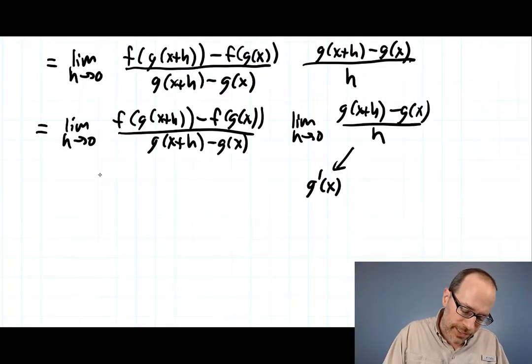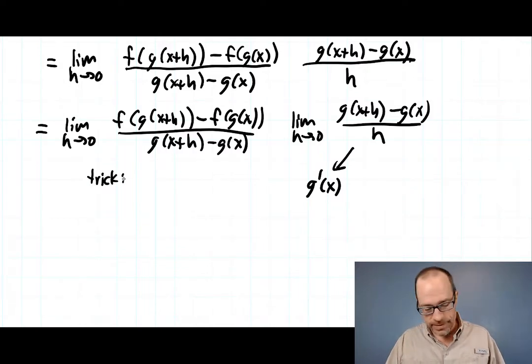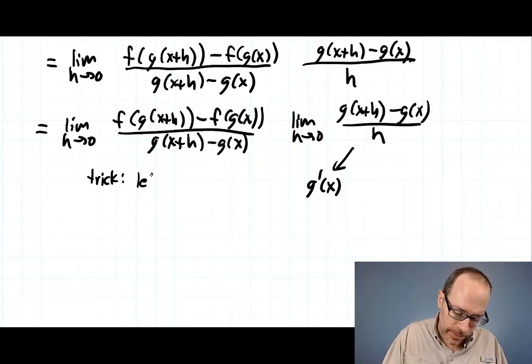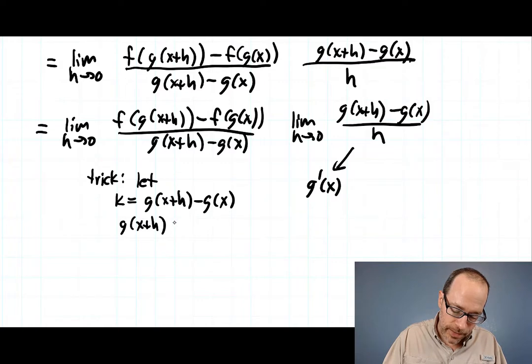The trick for this is to essentially make a substitution. You let k be this bottom part, g of x plus h minus g of x. Alternately, you can write it this way, that g of x plus h is the same as g of x plus k.